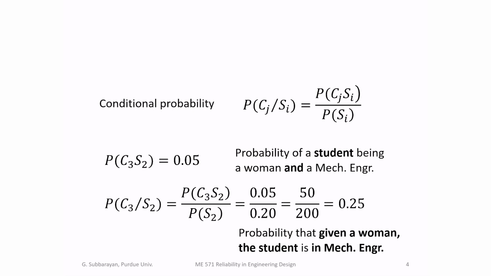And in the second question, we were asked to estimate the probability of a student being in mechanical engineering, given that the student was a woman. So that is then the equivalent mathematical statement of that verbal description: C3 given S2. And so then we can go through the process of using Bayes theorem and estimating the probabilities.